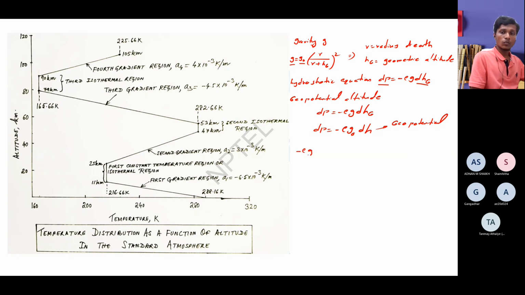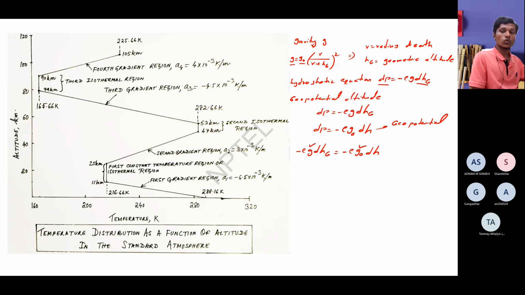Just equate both: rho g dHg equals rho g naught dH. You know that g decreases with height, whereas g naught is constant, the value of acceleration due to gravity on the Earth's surface.